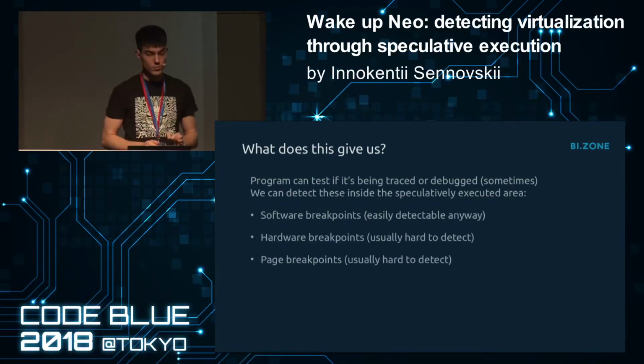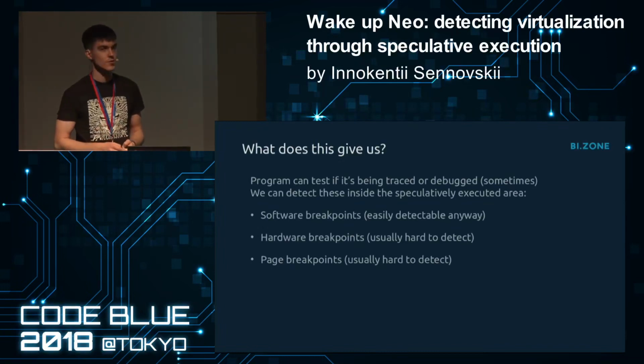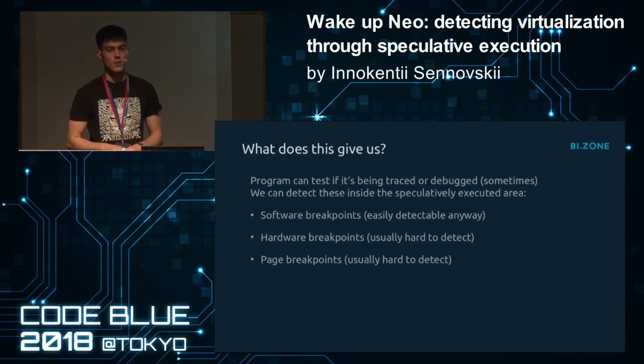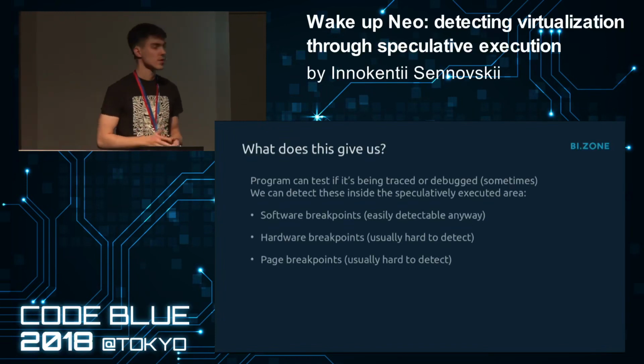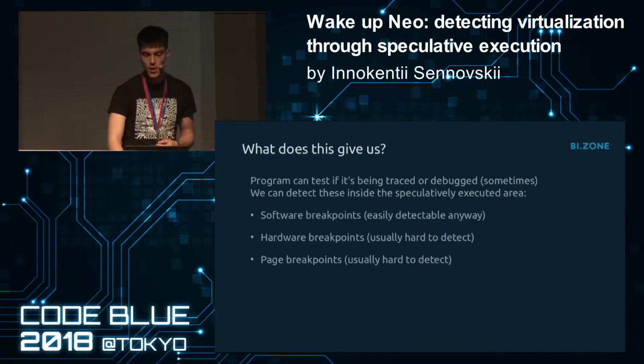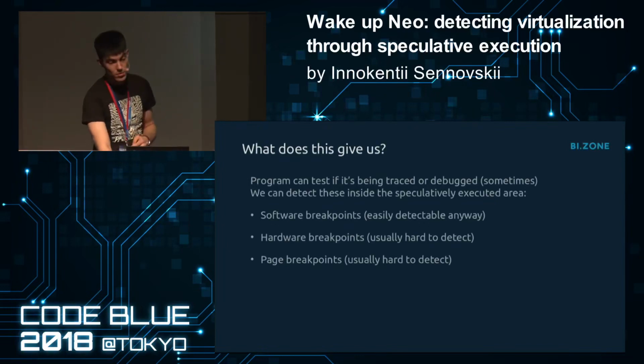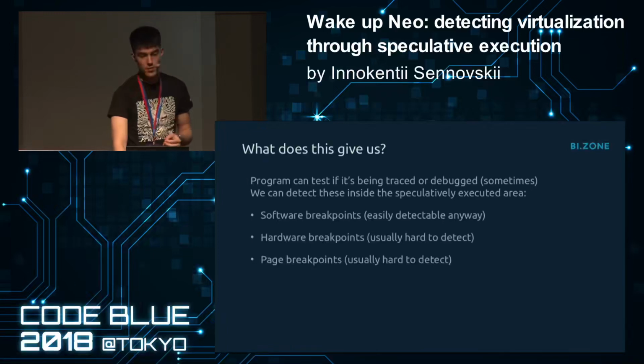We can check for hardware breakpoints, which are usually quite hard to detect since they leave no trace in the readable memory, and are just set by setting the registers DR0 through DR7 in kernel mode. And the most interesting of all is that we can detect page breakpoints, which are also quite hard to detect.